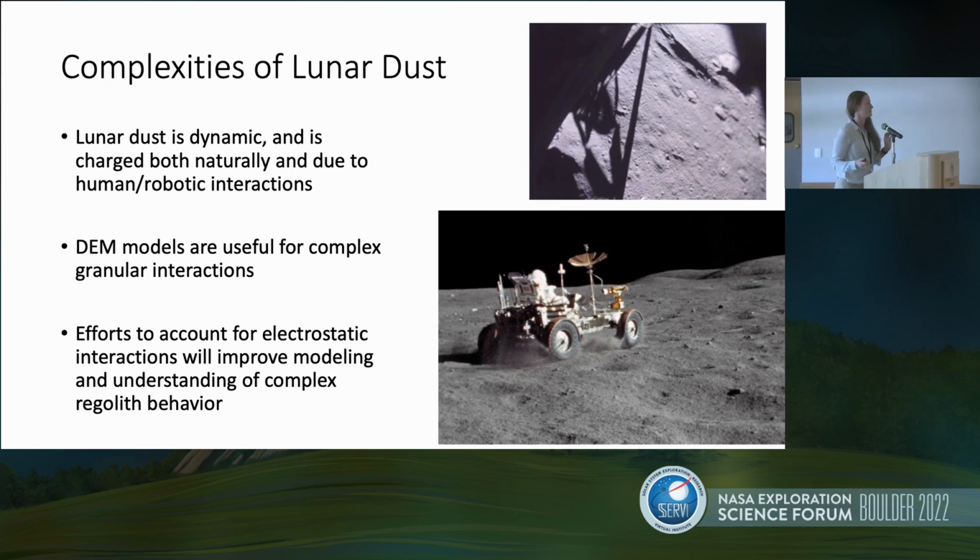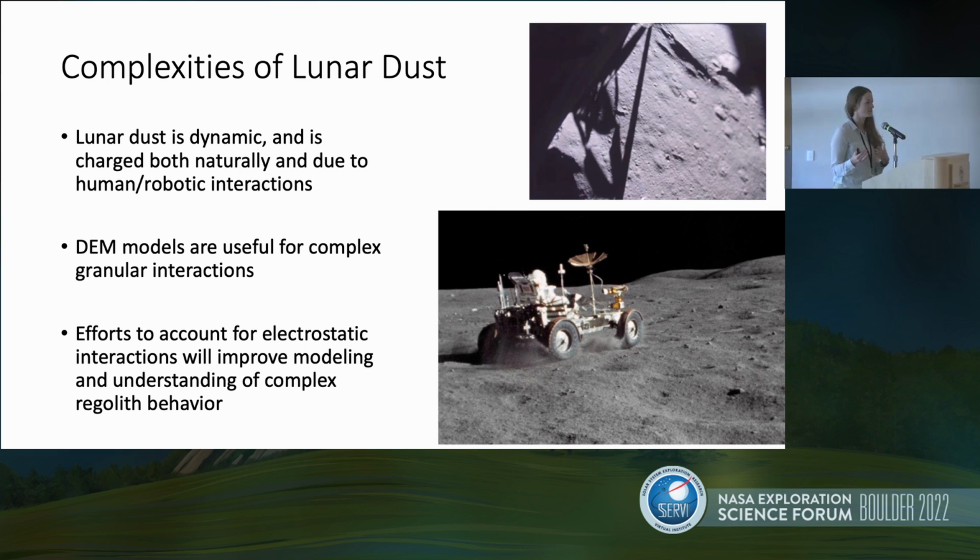And this is preaching to the choir, but lunar dust is complex, and we understand that it has both dynamic and electrostatic interactions, and can be charged both naturally and due to interactions with humans, with rovers, all sorts of different processes. One of the challenges in understanding those interactions is figuring out the best way to model them.